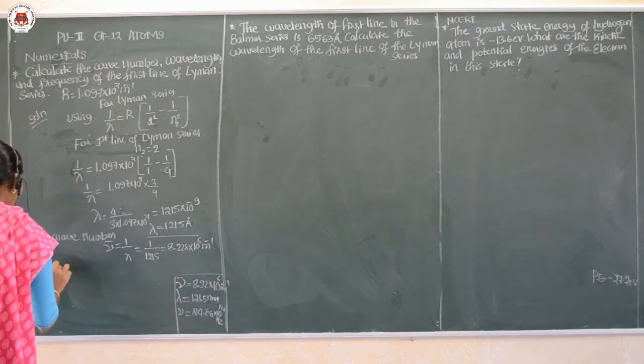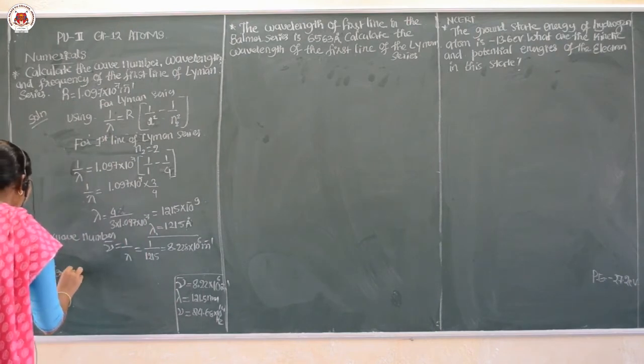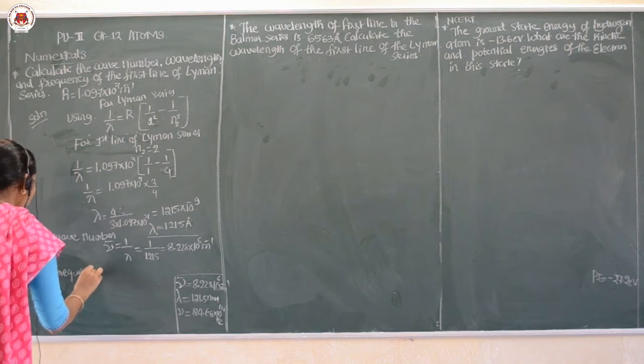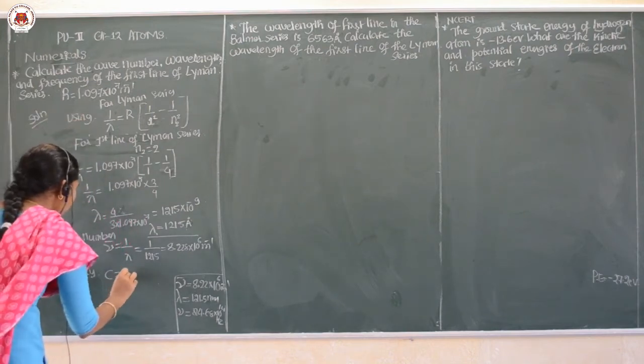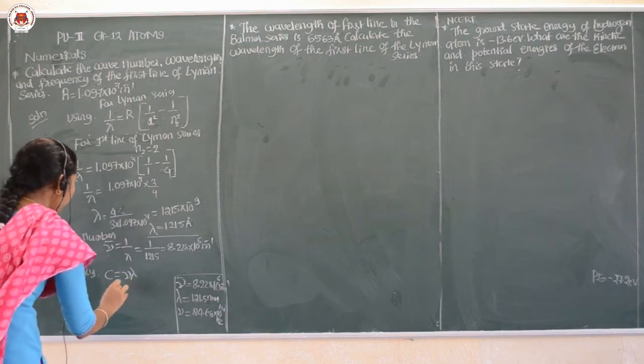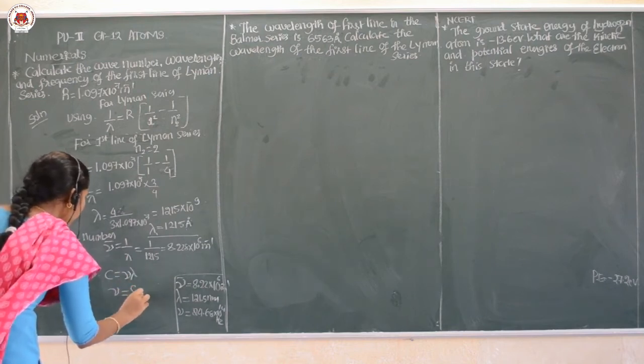And next, about frequency. Frequency means again same here, C is equal to nu into lambda. So, nu is equal to C by wavelength.